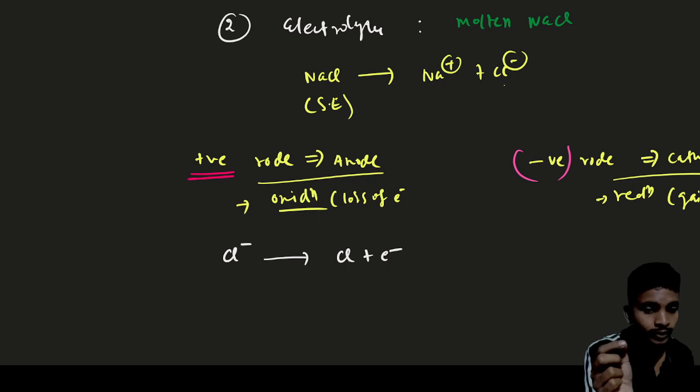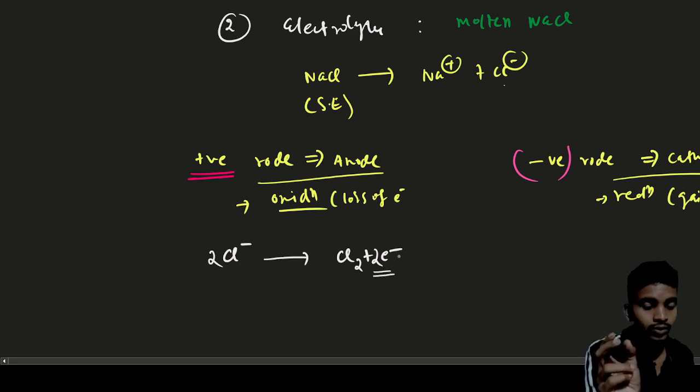And this Cl does not exist alone, so we have to write 2 here, and also 2 on the other side. And one more thing you have to remember, in electrolytic cells or anywhere, the electrons should be the same. Here 2 electrons, so here also you have to make 2 electrons.